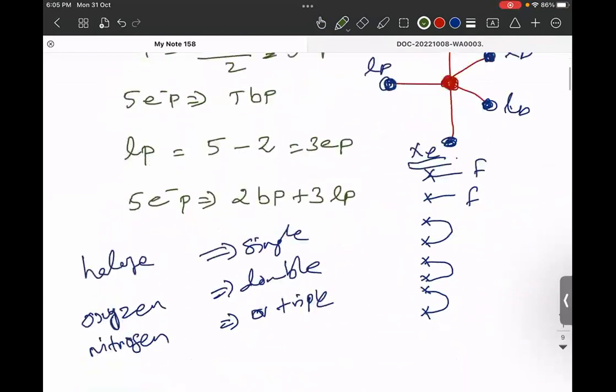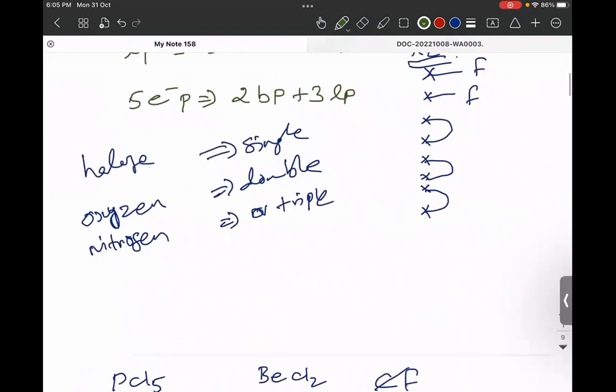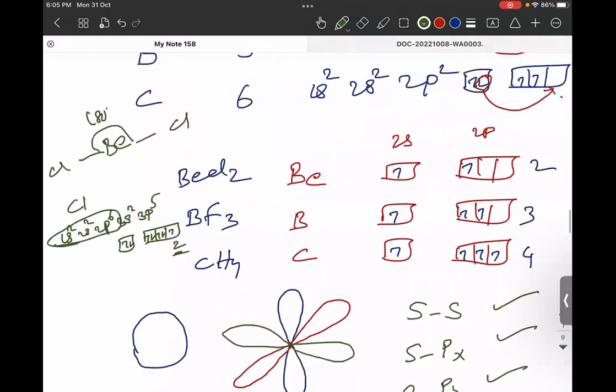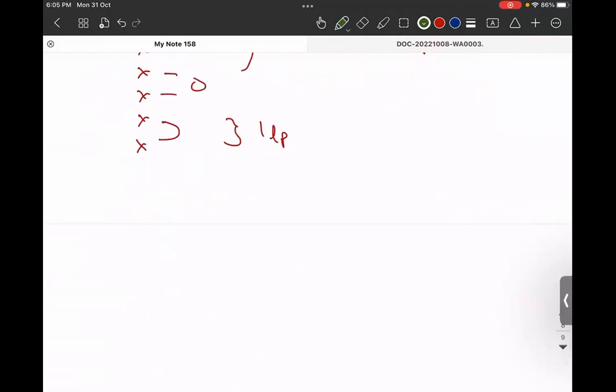In the same way, you identify the central atom. A simple molecule, I will work it out. You tell me any one molecule. Barium chloride, beryllium chloride.